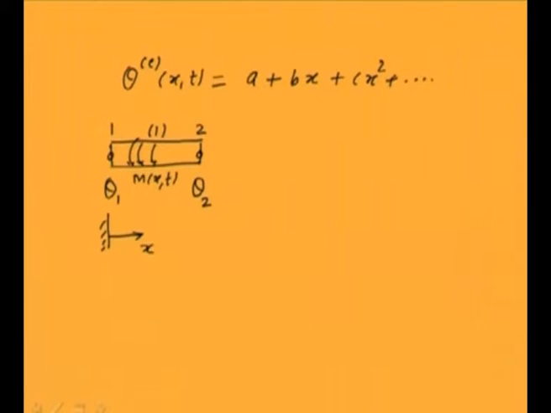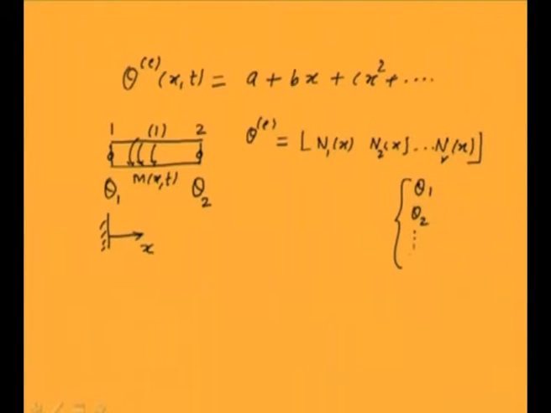This particular solution which we have assumed can be written in a more general form like this, where this vector contains angular displacements at various nodes of the element, which again we can write in a more compact form like this.